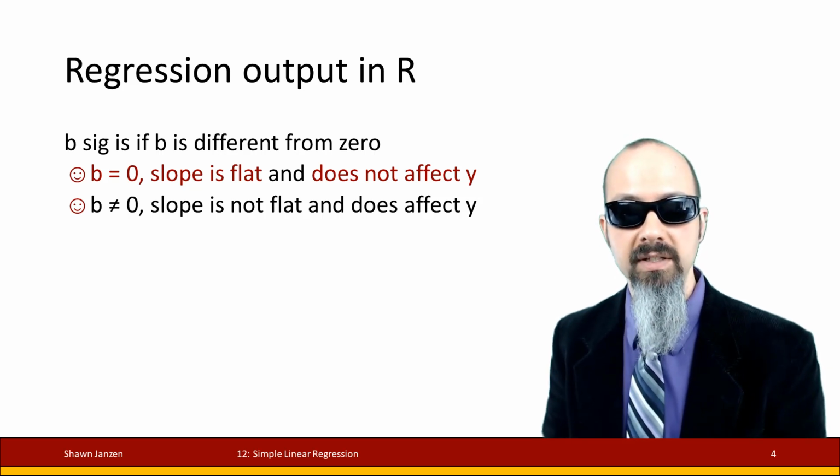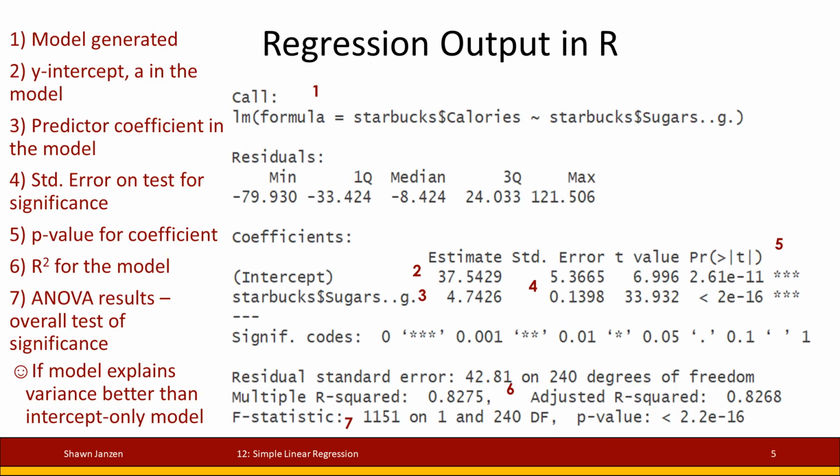And on the screen I have for you now an annotated version of the R output from a simple regression, and I've put some numbers on here to draw out the important points. There's a lot of important things going on here, but for the purposes of our class and our conversations, let's look at a few.